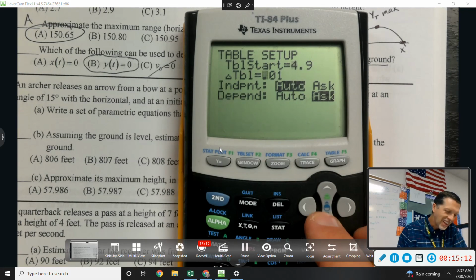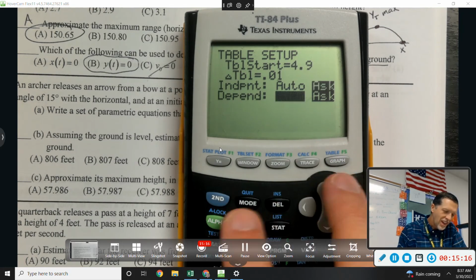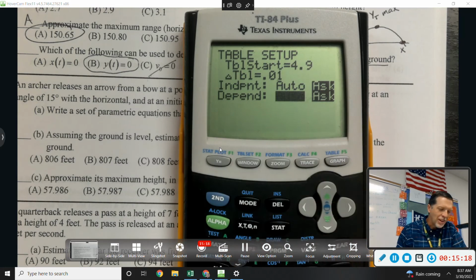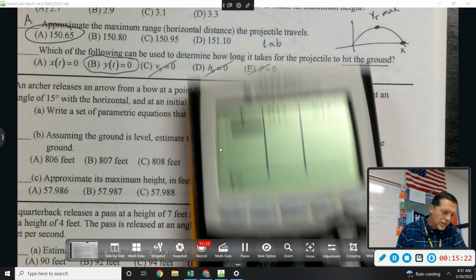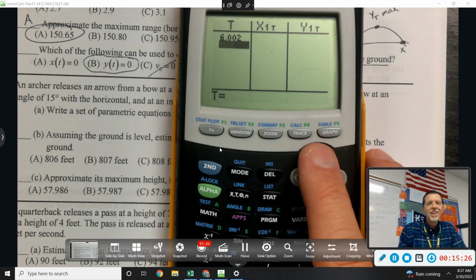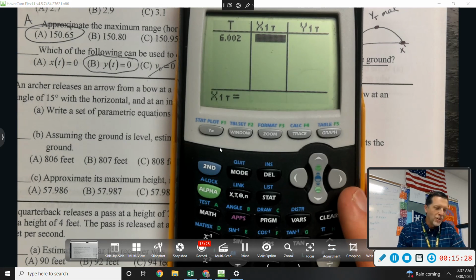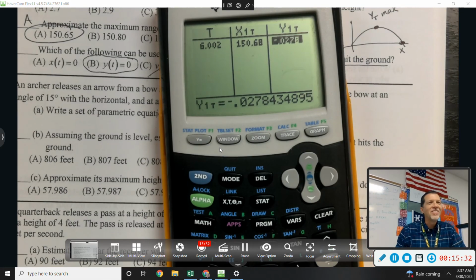Second table set. Ask on both. I think when you ask dependent, it means hit enter to get the answer. What did we say? 6.002 or something. And so it won't fill in until you hit enter. Which is kind of dumb. That's not really what ask means, right?